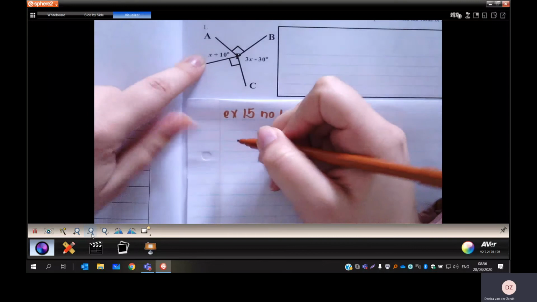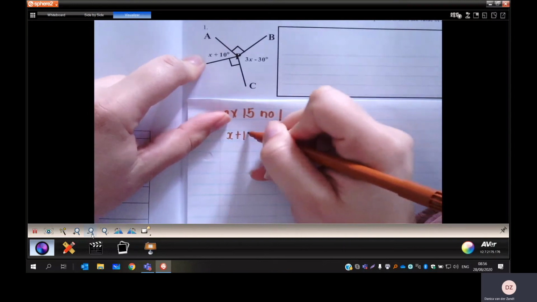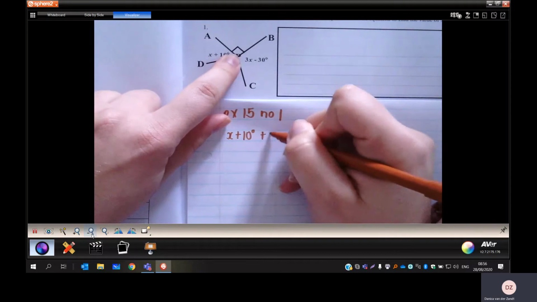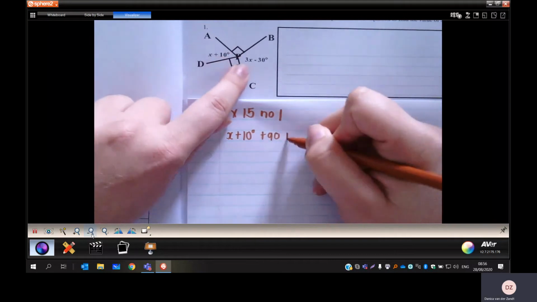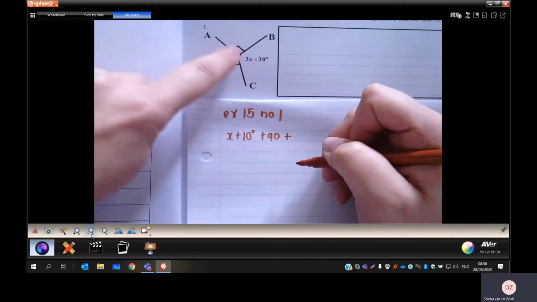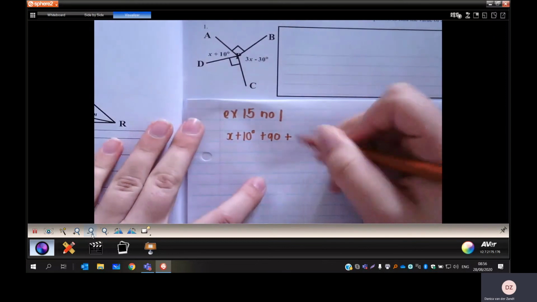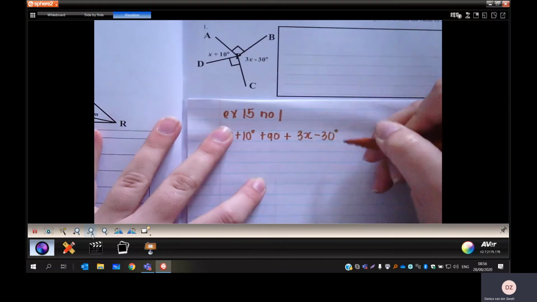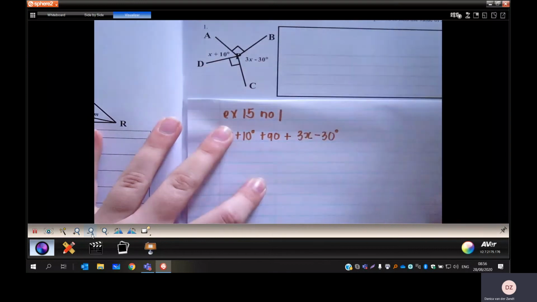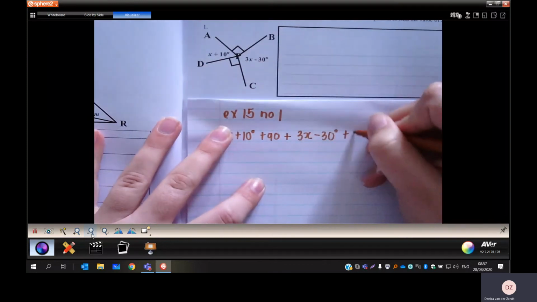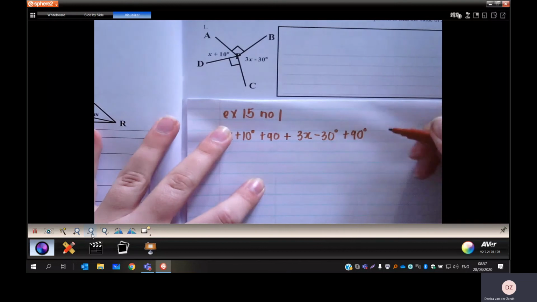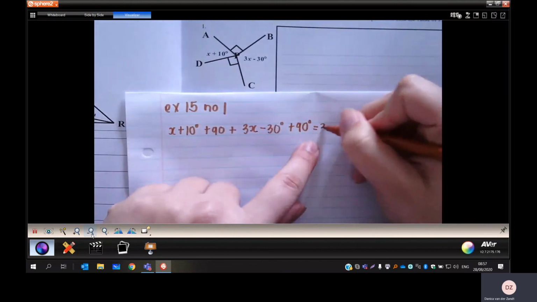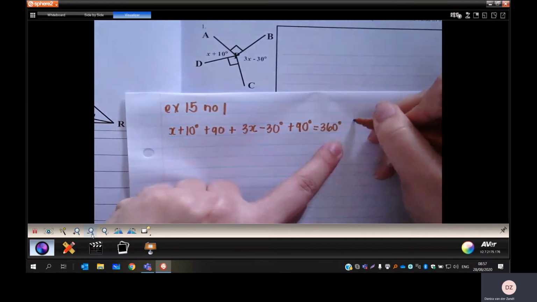This angle is x plus 10 degrees. That angle, 90. This one here, BPC, 3x minus 30 degrees. And then what about CPD? 90. And adding them all together gives me 360. And my reason?